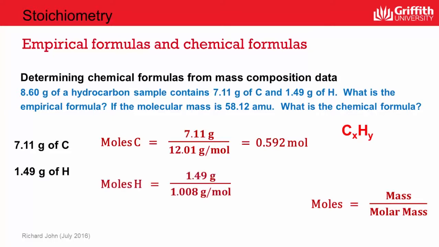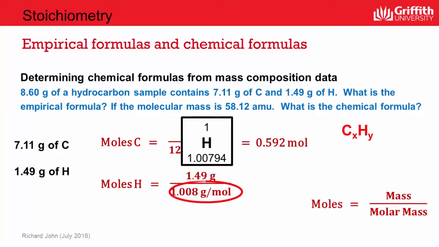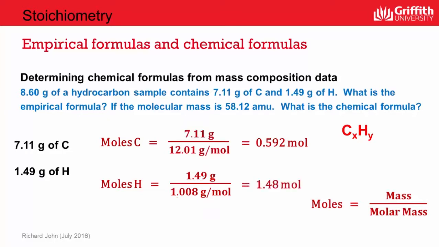The moles of hydrogen, we do the same. Mass over molar mass, we've got 1.49 grams as the mass. We've got the molar mass 1.008 grams per mole. And again, we read that directly from the periodic table. 1.008 is the molar mass to 4 significant figures for hydrogen.